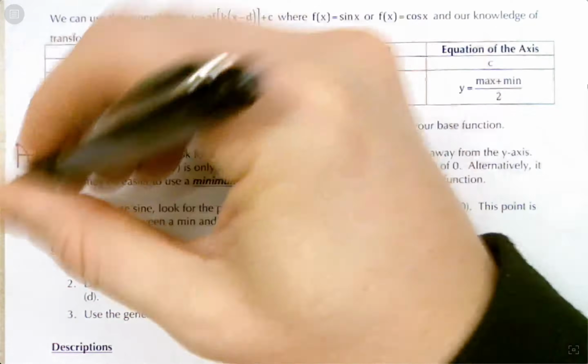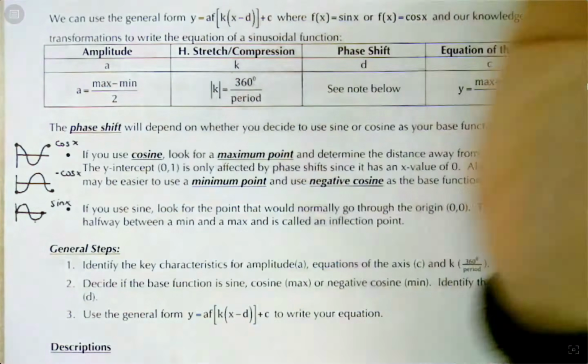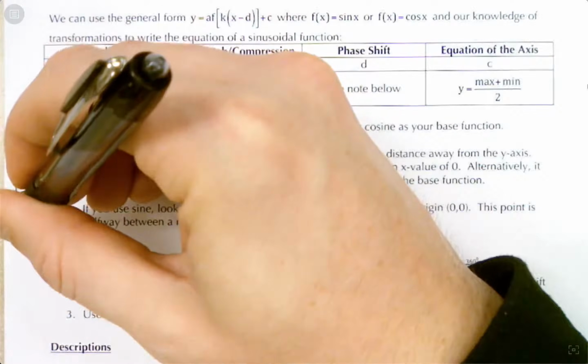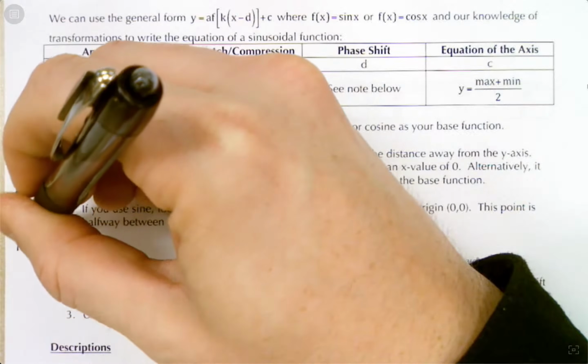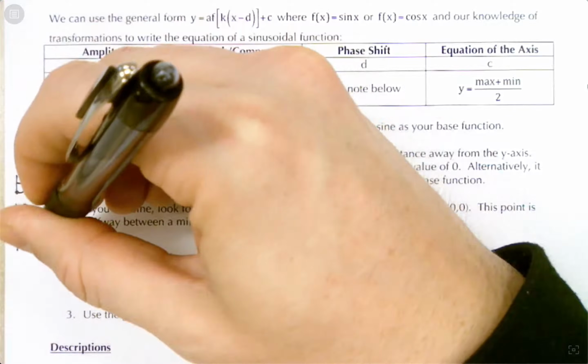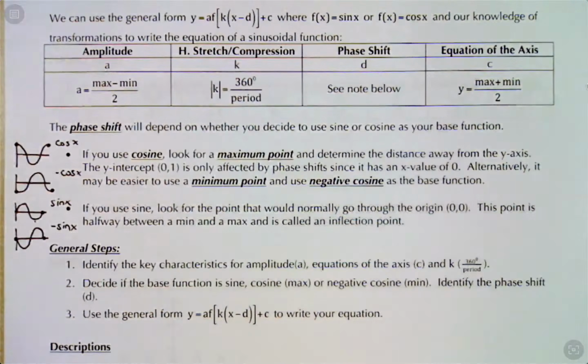That's what sine looks like. So if your function starts in the middle, going up, then down, then back up, you're probably using sine as your base. If it's the opposite, if it starts in the middle and goes down, then up, then back down, you may use negative sine, which is a vertical reflection of the sine graph.